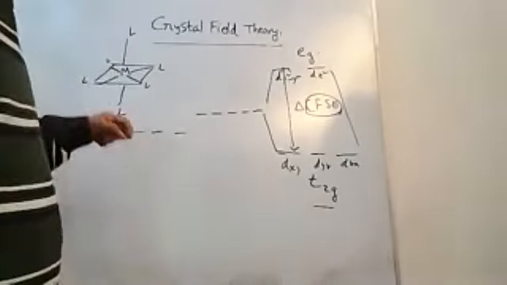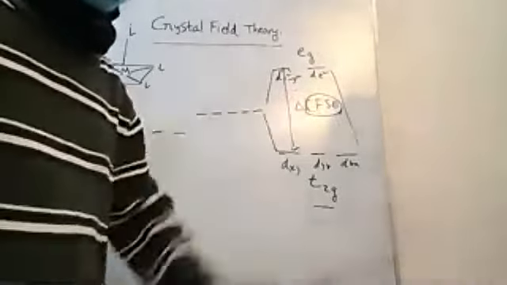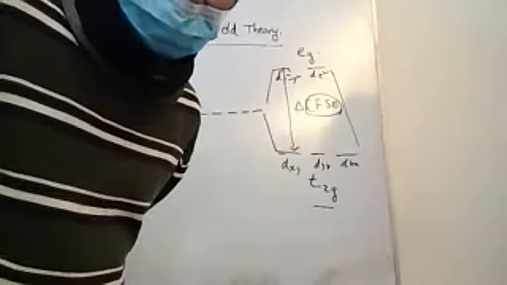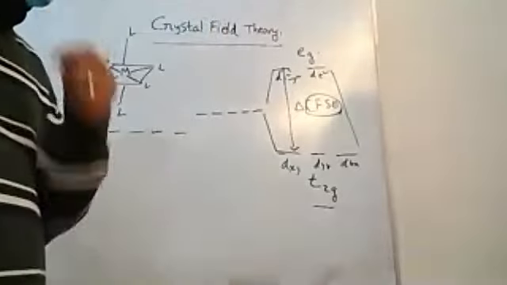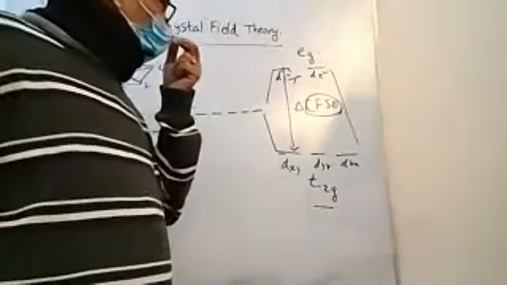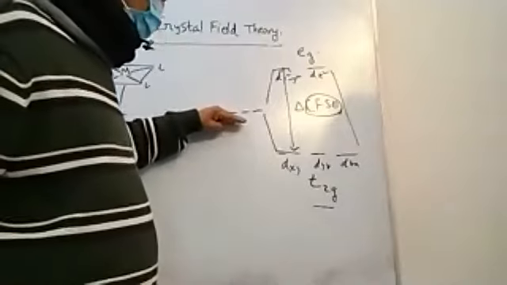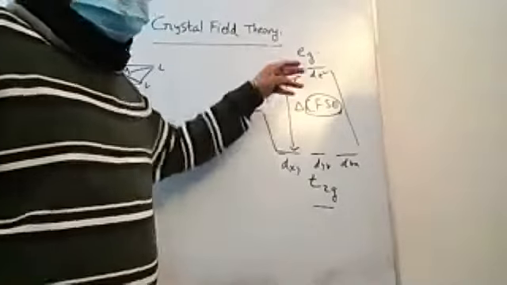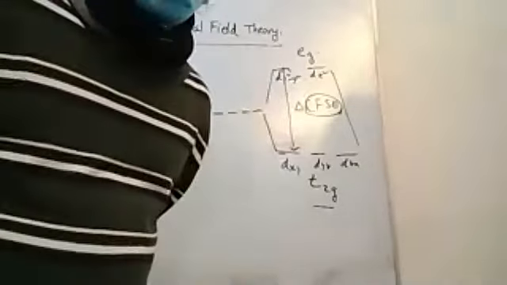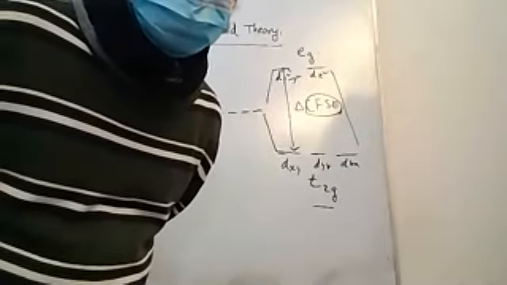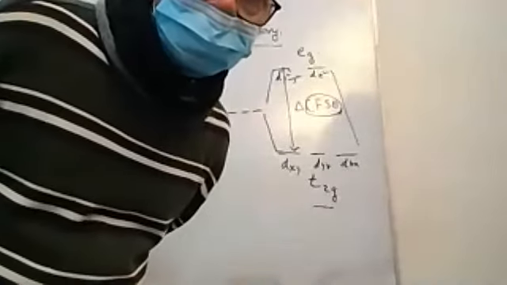So when you are now putting the metal electrons in the d orbitals, you need to be very careful. The other thing that you may be thinking about is, we have some energy here. When we split, the total energy has to be conserved, right? You cannot create nor destroy the energy that is there.